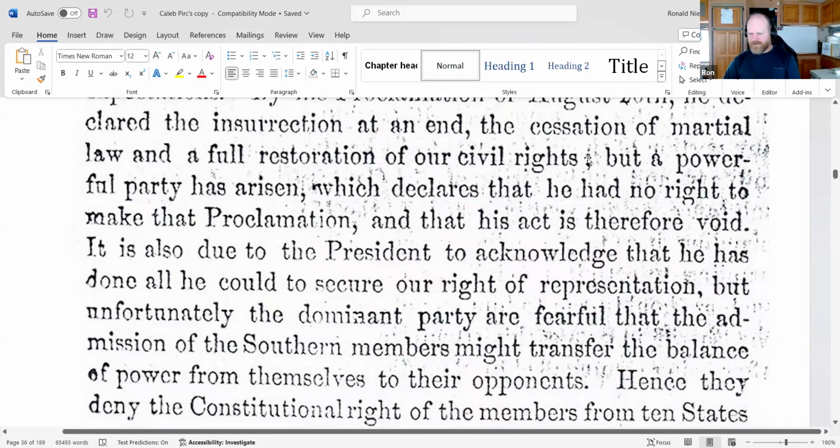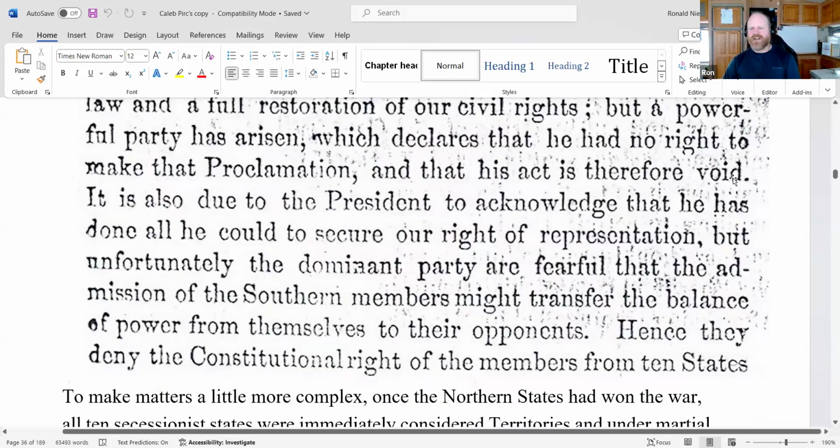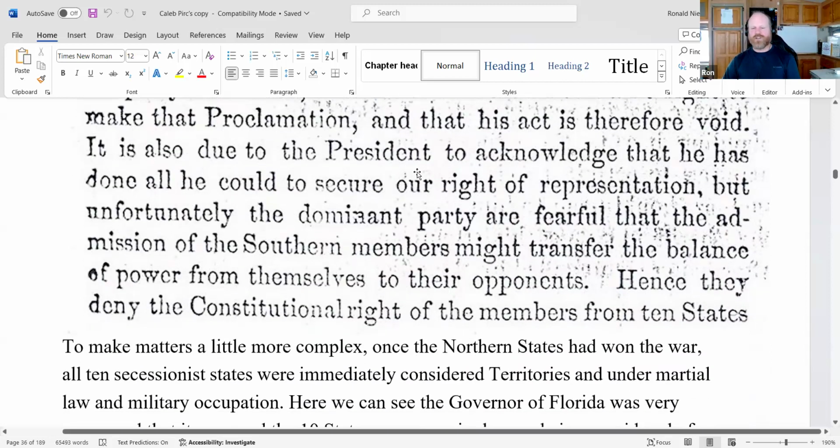What civil rights? Their civil rights, meaning their membership in the Confederacy. But a powerful party has arisen, which declares that he had no right to make that proclamation and that his act is therefore void. It is also due to the president to acknowledge that he has done all he could to secure our right of representation.